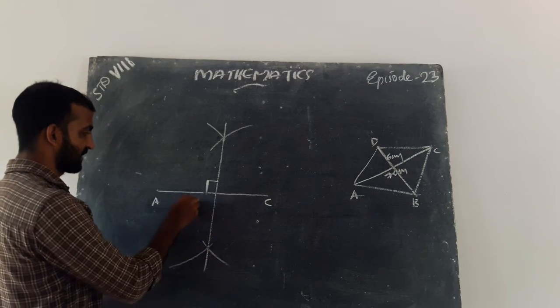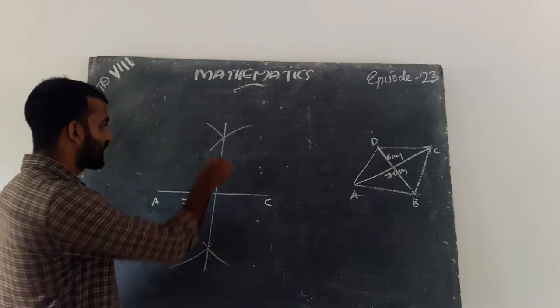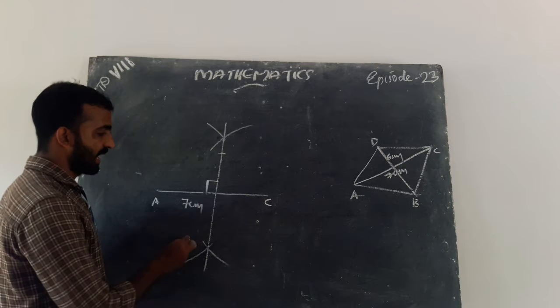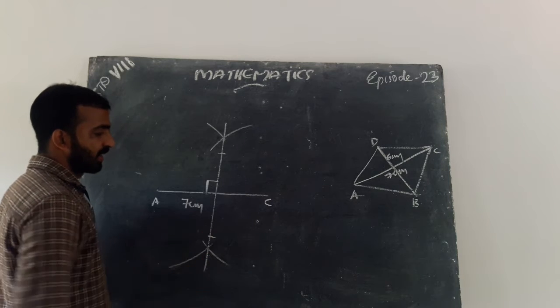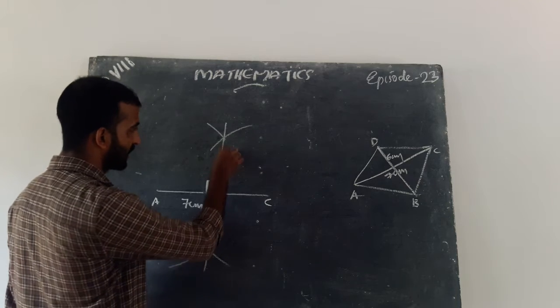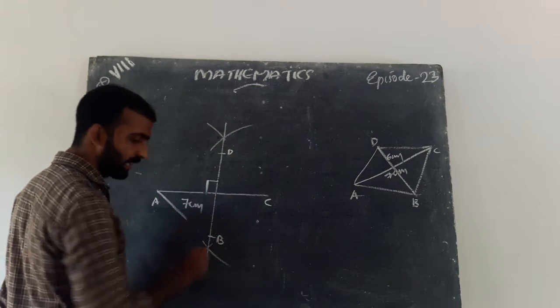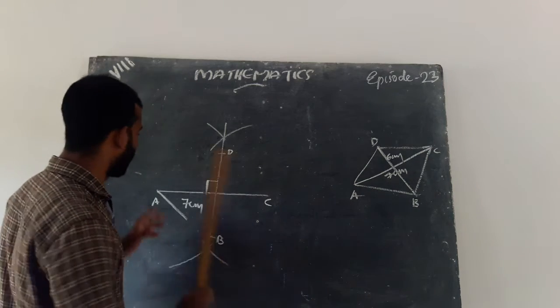And AC is 7 centimeter. Next we measure 3 centimeter upward and downward. We point out B and D. We join the points with the help of a scale.